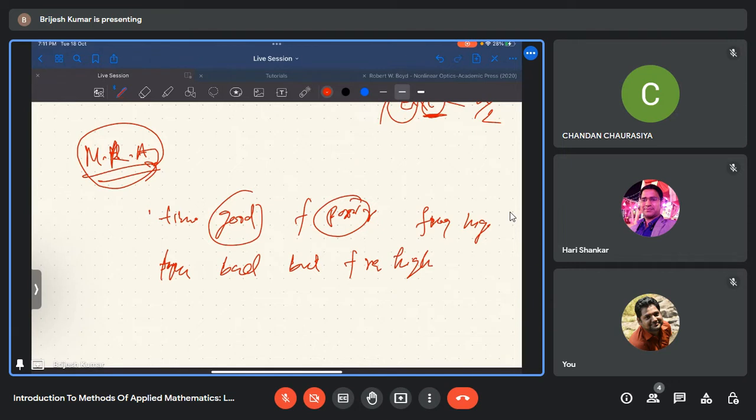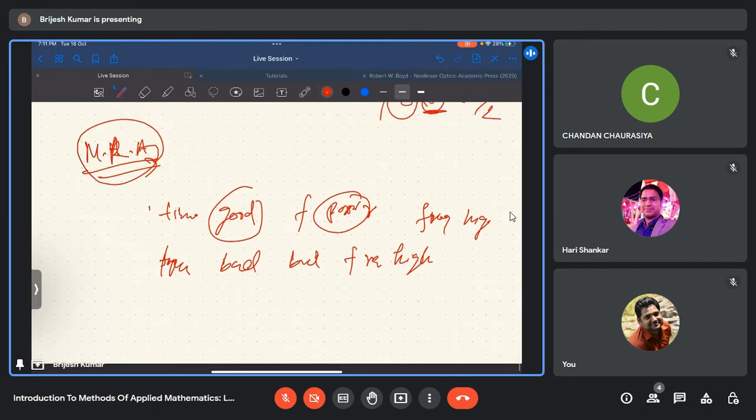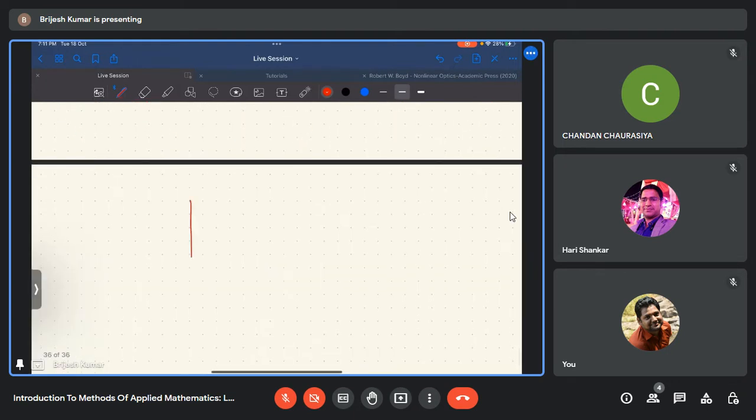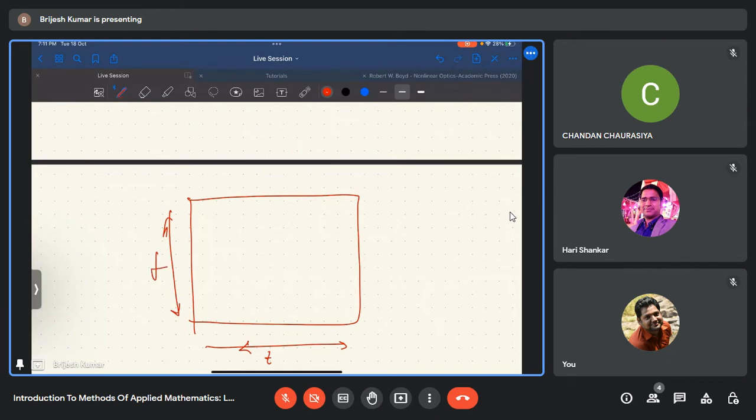So, for example, we have one signal, where this is our time axis and this is our frequency, and this is at zero. It is something like this function.